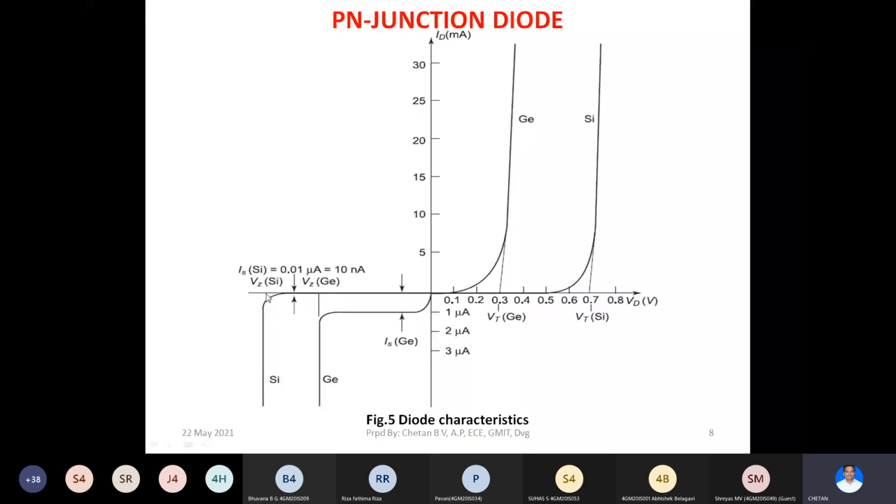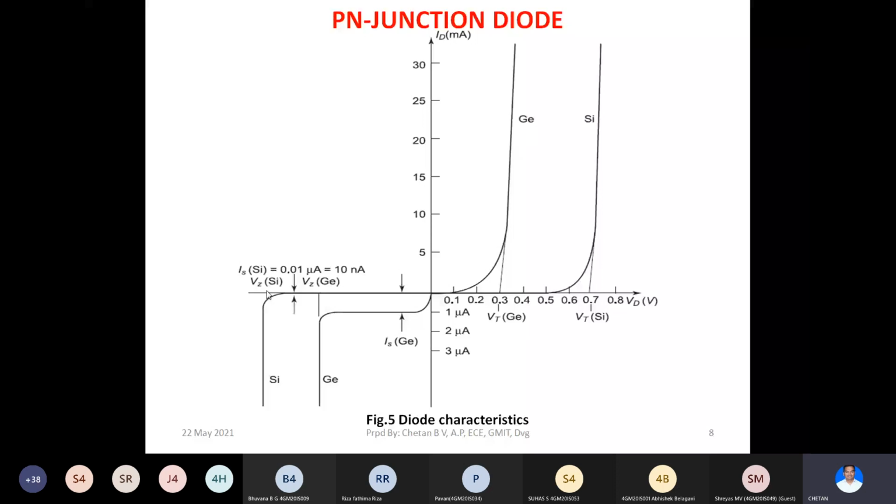So here also the breakdown occurs in the same fashion. As you increase the reverse voltage to a very high value called the reverse breakdown voltage, there is a sudden increase in current in the reverse direction, and this process is called breakdown.